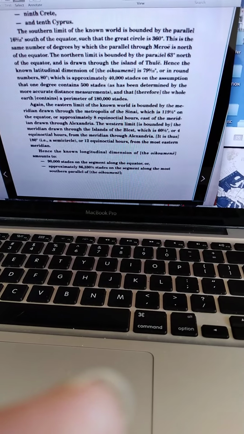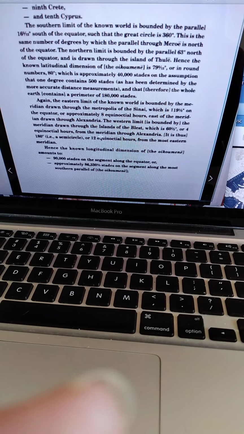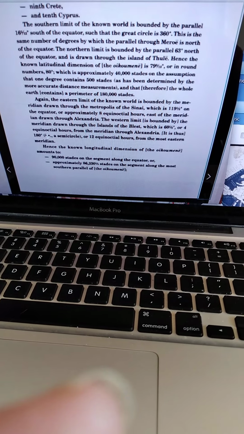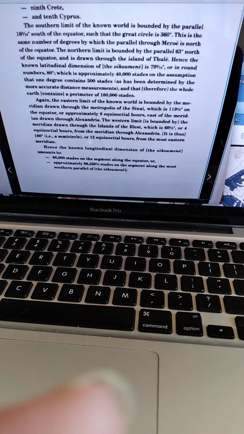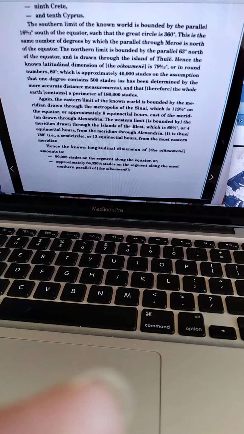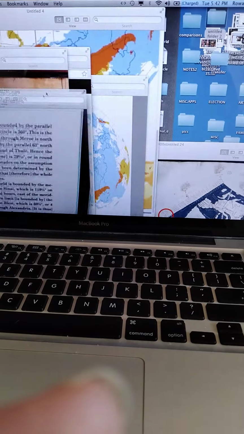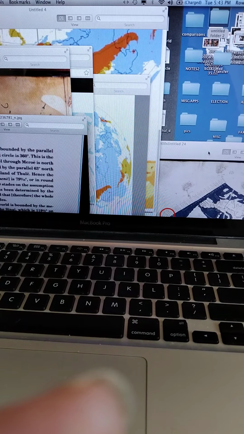But yeah, here's where it says it's 12 equinoctial hours or 180 degrees, a semicircle from China to the Islands of the Blessed. So that points to America.